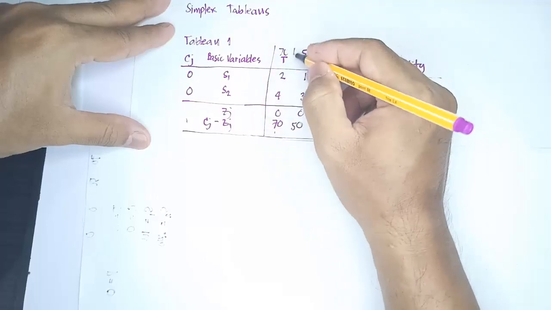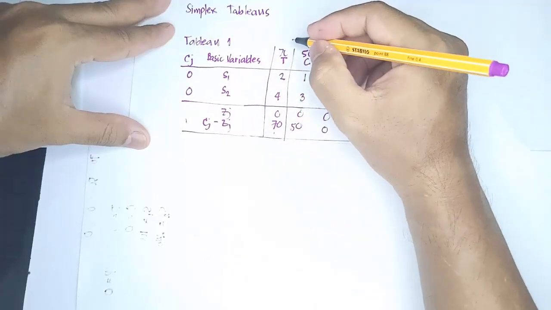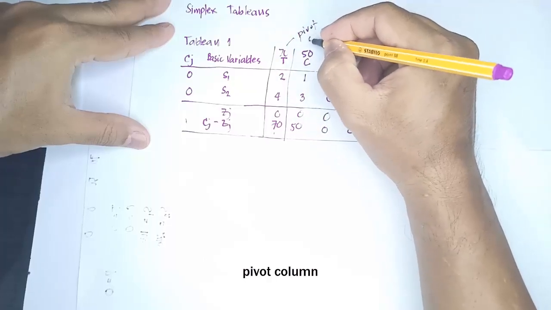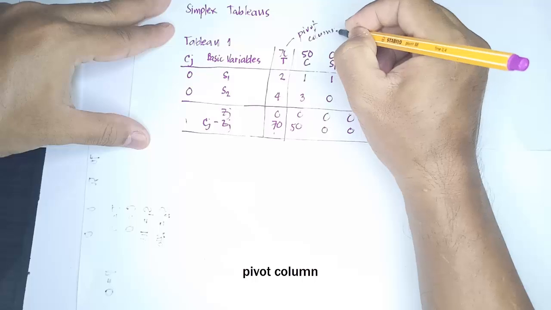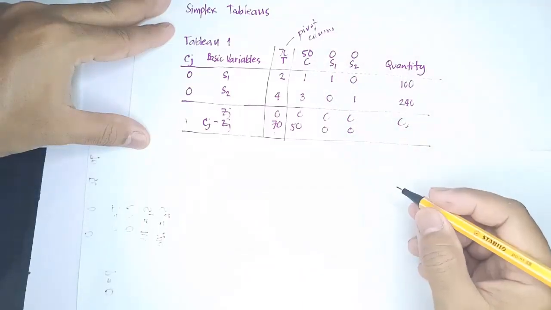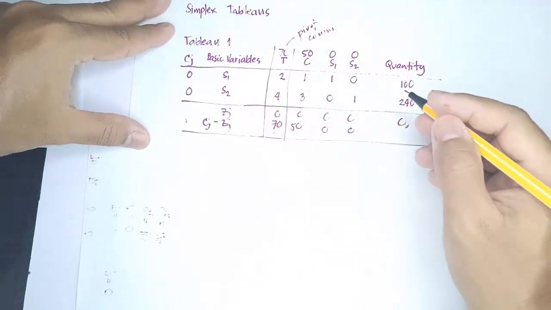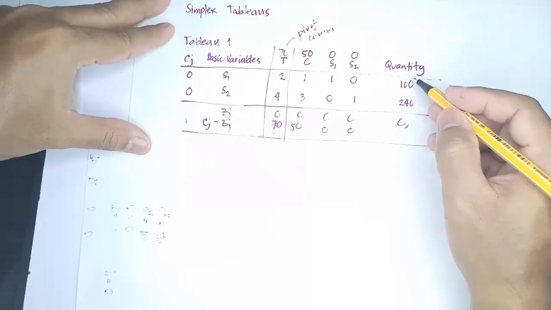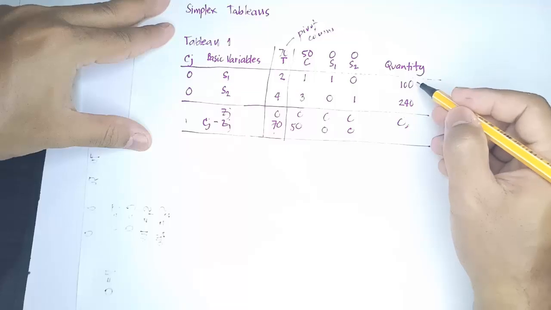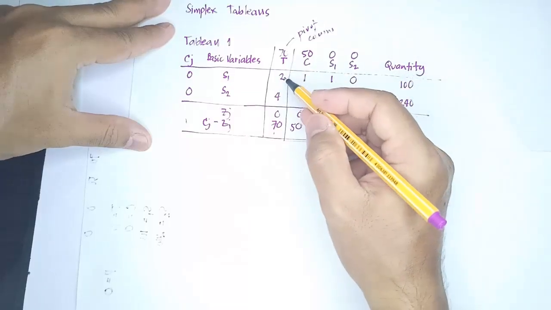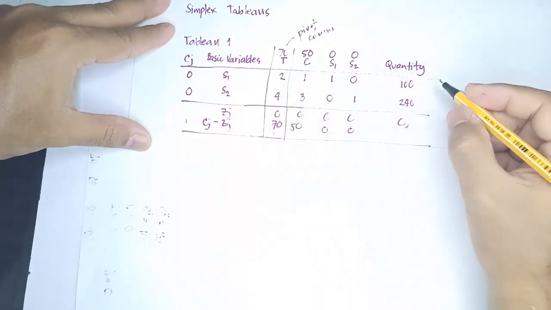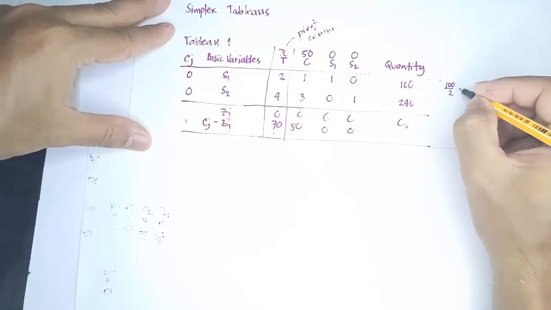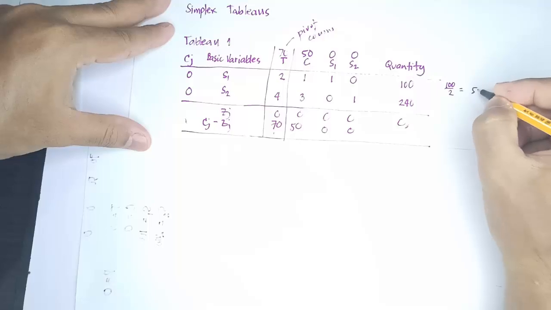Therefore, we're going to call this column the pivot column. And then we're going to take the ratio of the quantity column to its corresponding element in the pivot column. So for the first ratio, that's 100 over 2 equal to 50.